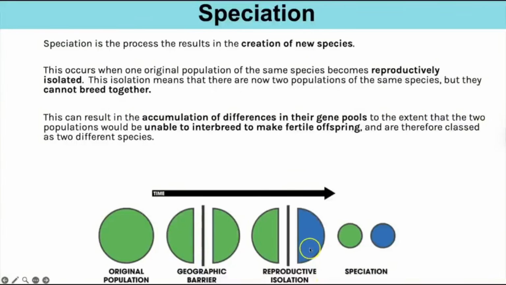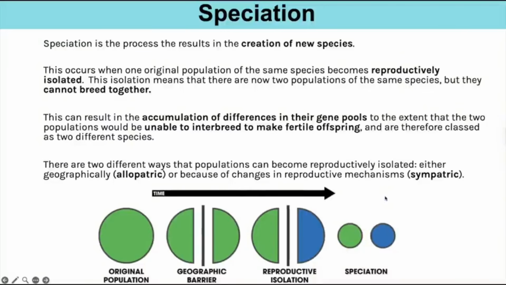Mutations that anyone has in this population stay there as well. And that means over time, you get this accumulation of differences in the gene pools, so that if they were able to start reproducing together again, they'd be so genetically different that they cannot interbreed to make fertile offspring, and therefore they're now classed as a different species. So that is our process of speciation.